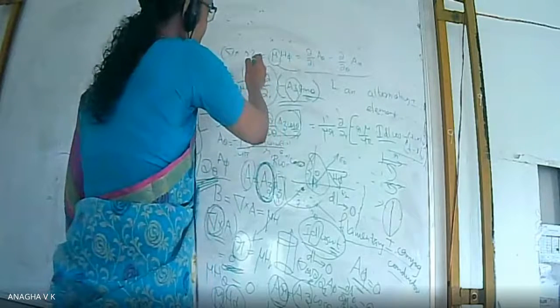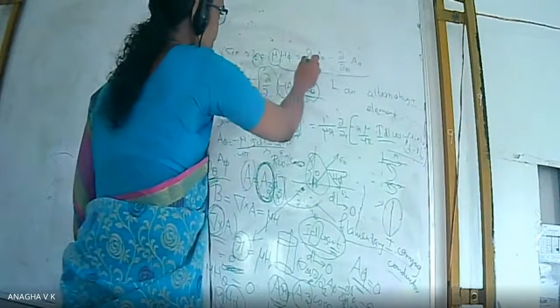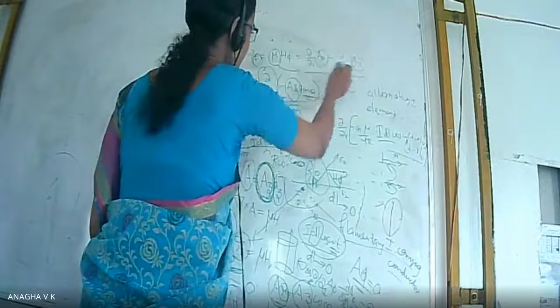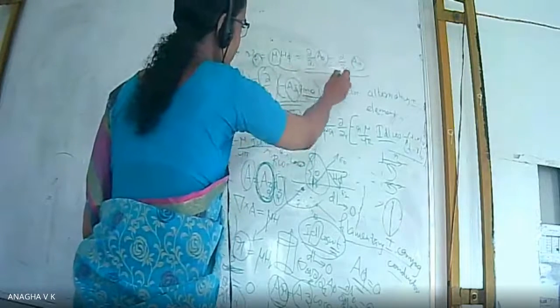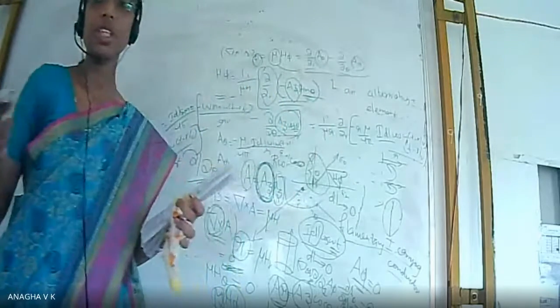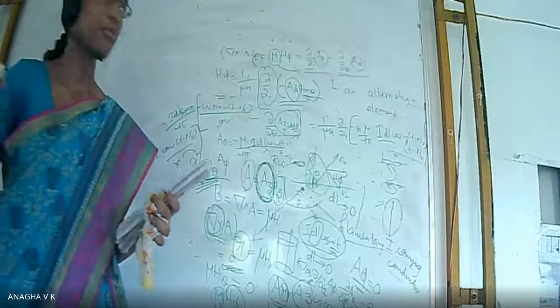I think you understood this. If this is phi, the components will be theta and R. Likewise, the differential will be R and theta, the differential with respect to the alternative components.